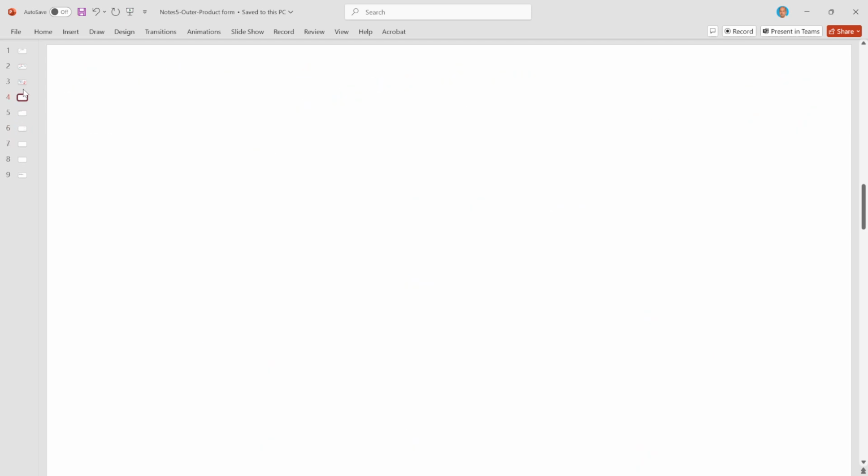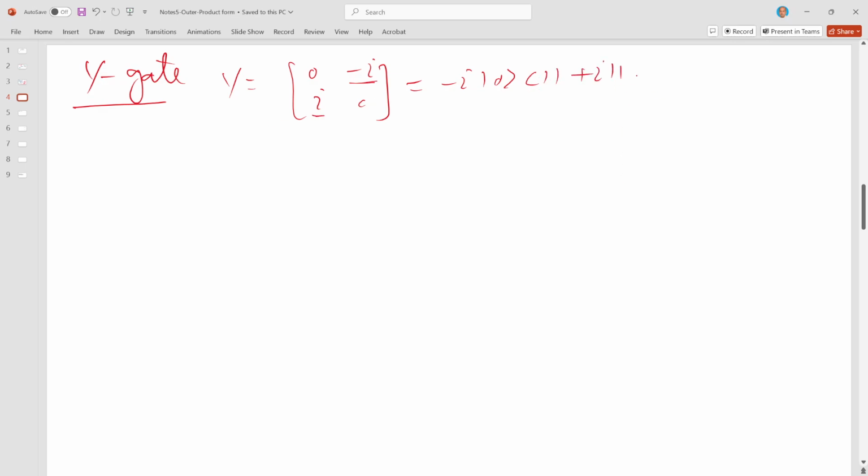So let's go to the next empty slide. So let's see the Y gate. Our Pauli Y gate is, since this was in matrix form, [0 -i; i 0], and let's see if we can recall. So this -i is |0><1|, and this i is |1><0|.